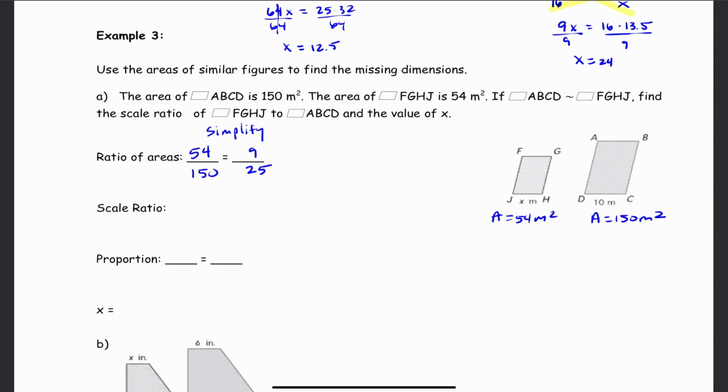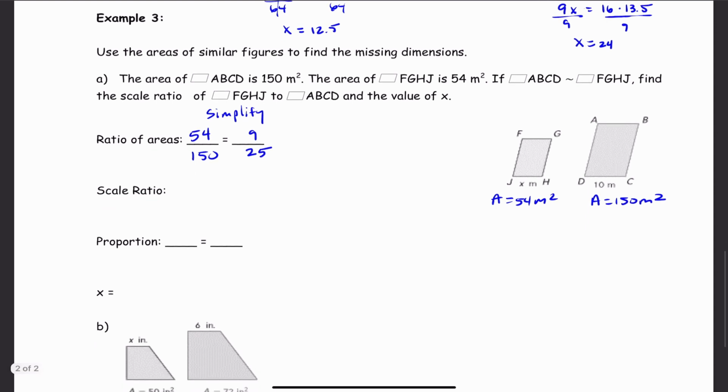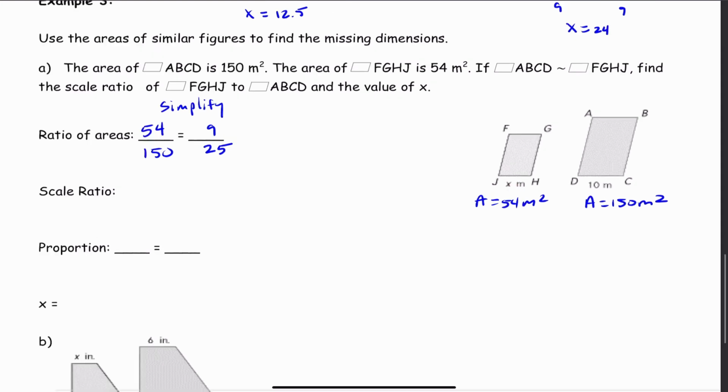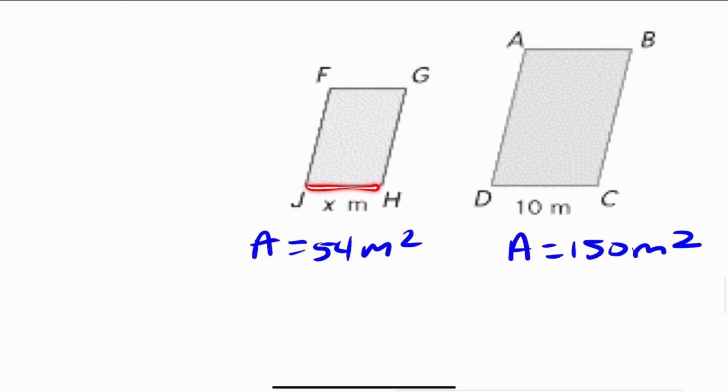So let's do the proportion before I talk about the scale ratio so it makes sense. Note that we're going backwards because, look, we're trying to find x. And note that this segment here is one-dimensional, and that's what we're looking for.